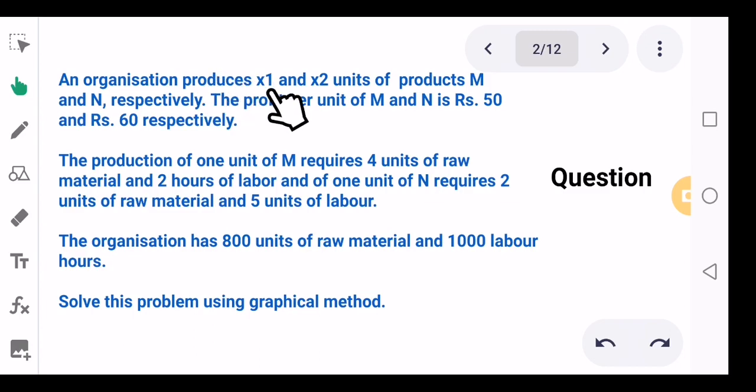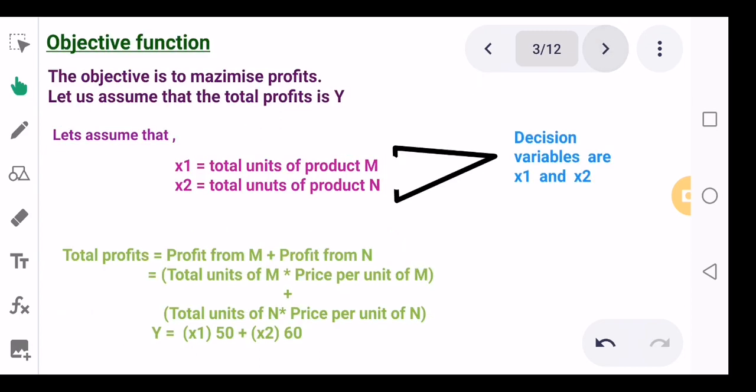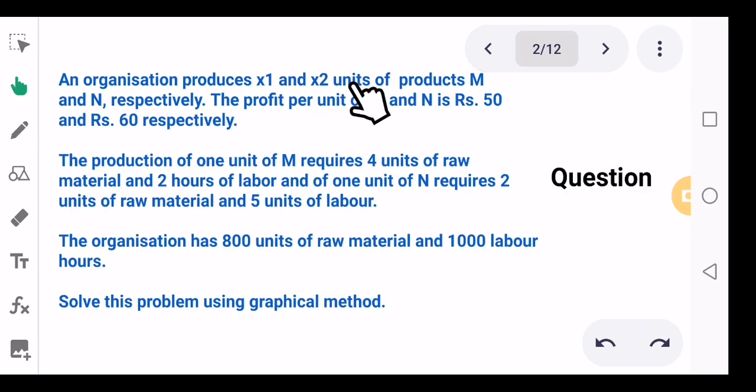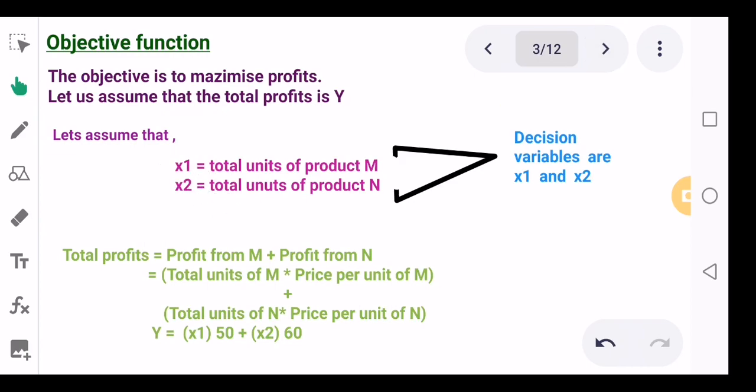So the question itself tells us to assume that the number of units of M produced is X1, and the number of units of N produced is X2. So X1 is equal to total units of product M and X2 is equal to total units of product N. They have themselves mentioned this in the question, so this is not an assumption. This is directly given, so we won't call it an assumption.